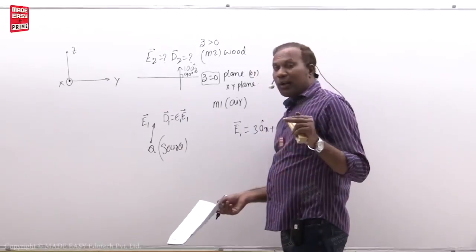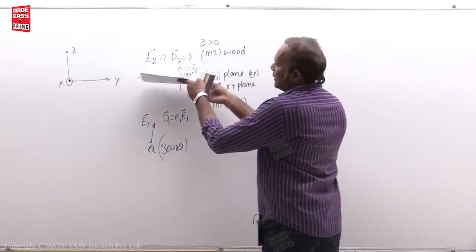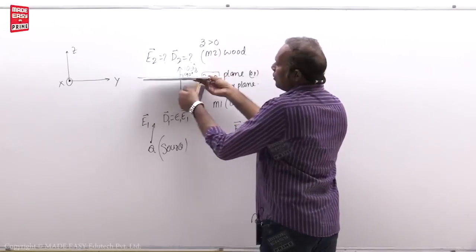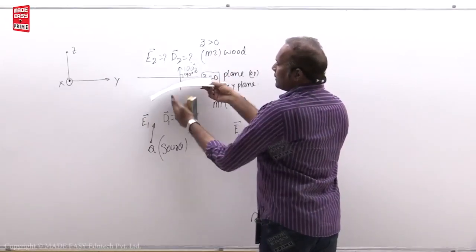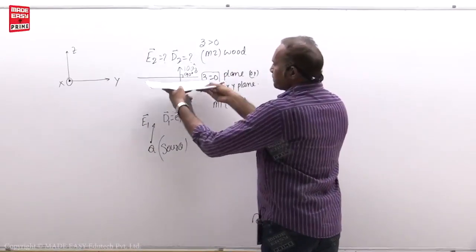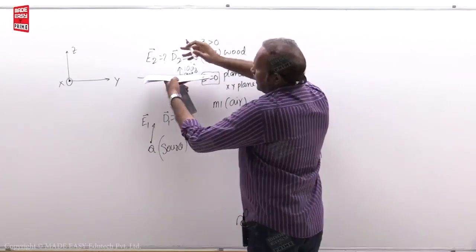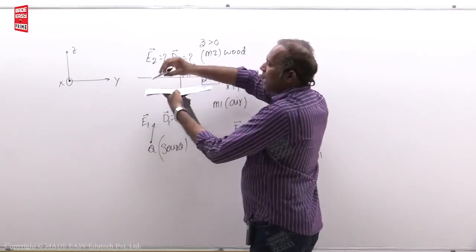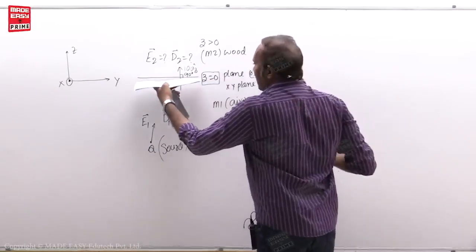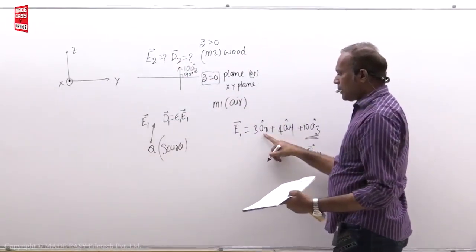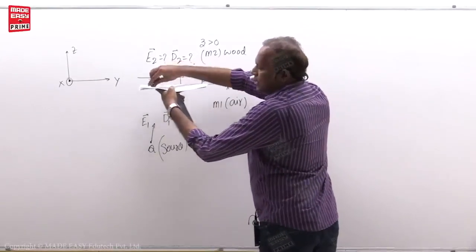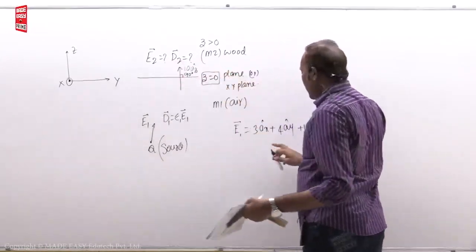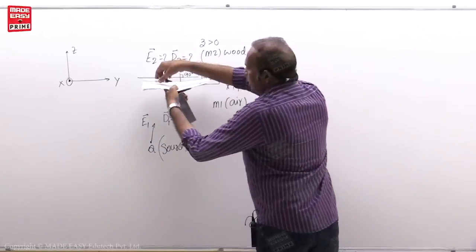The boundary, or otherwise boundary surface, separates medium 1 and medium 2. For example, in this case, this boundary is x and y. So this boundary is parallel to the xy plane. Now the x component is in the x direction, that is also parallel. The y component is in the y direction, that is also parallel.